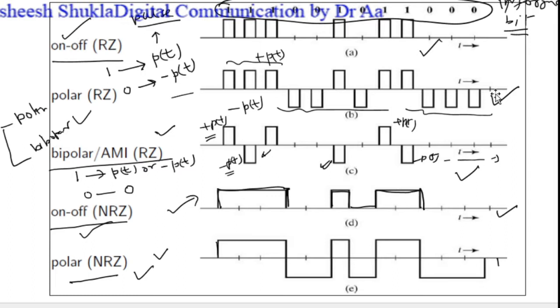We will study the characteristics of power spectral densities of different line codes, and on the basis of that power spectral density we will decide which code we should use for the purpose of transmission.